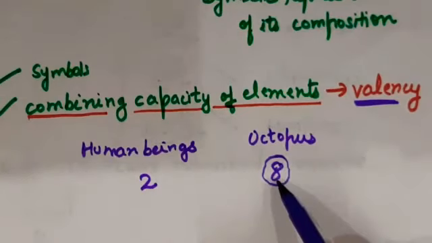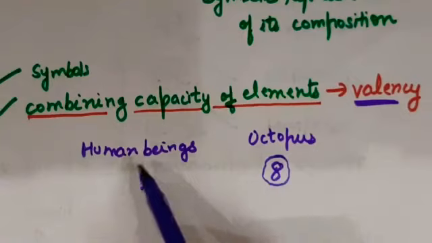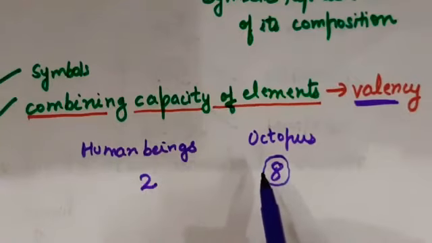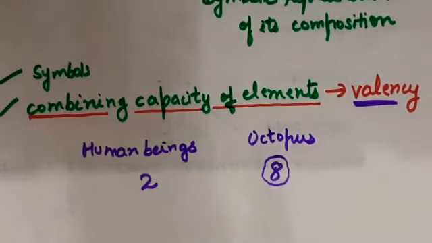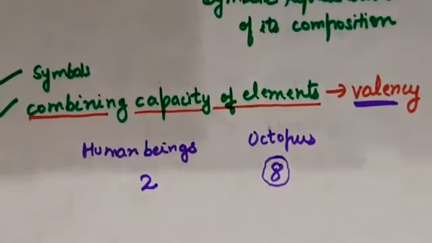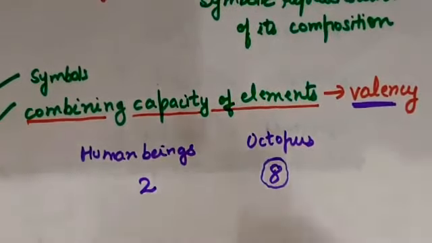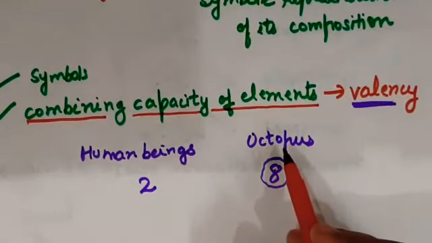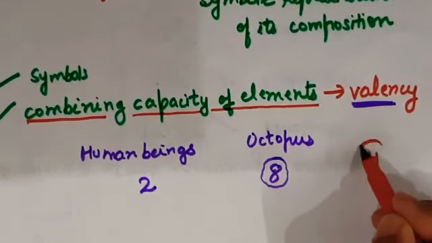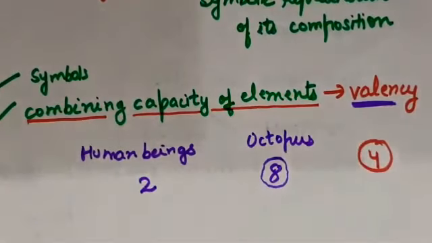The octopus has 8 arms and human beings have 2 arms. So how many human beings can be held by that single octopus? Any idea? Yes, very easy. A single octopus can hold 4 human beings.